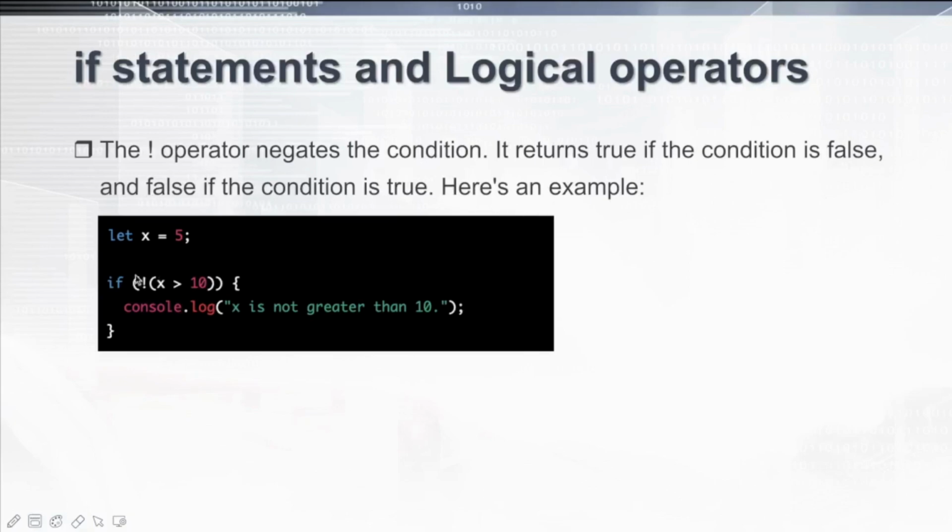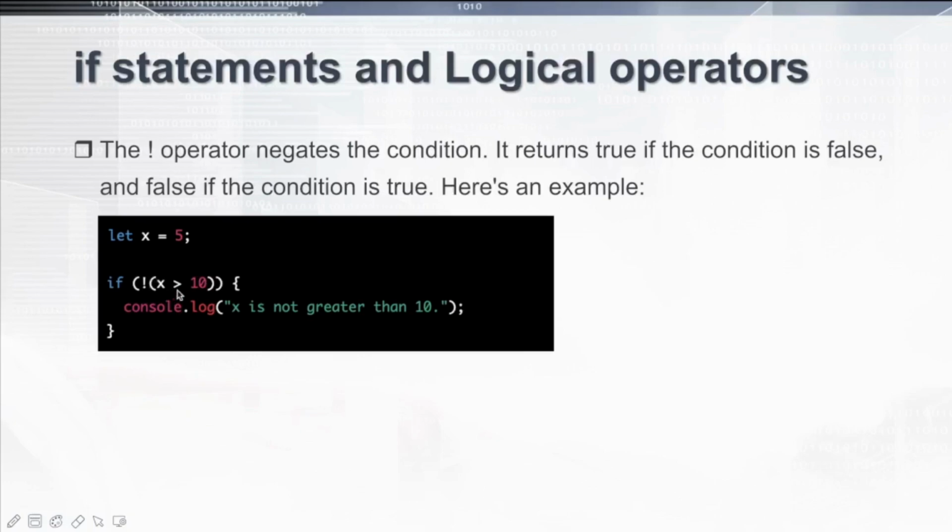Here's an example. We can see x is 5, and in the if statement we are checking if x is greater than 10. In this case, we say if x is not greater than 10. And remember, you have to put this into brackets, because if you say not x, this will evaluate to something else, and by the time you check with this, you should have the wrong answer.